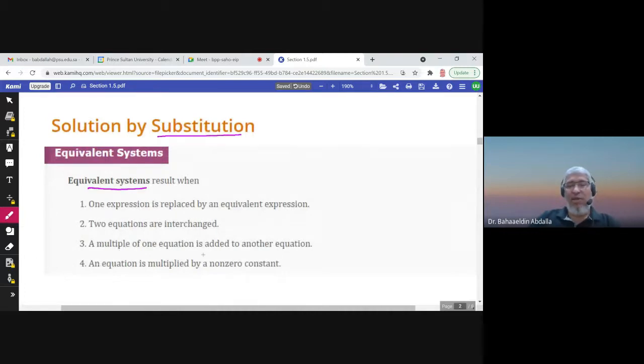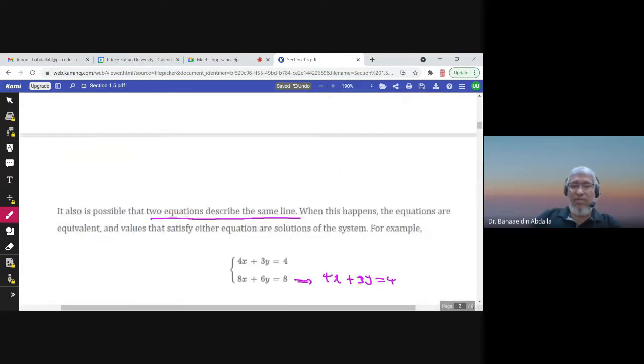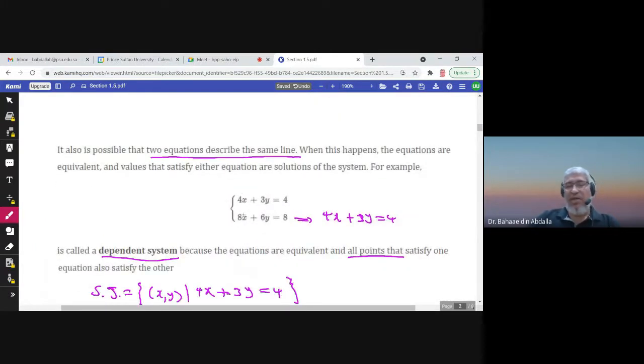A multiple of one equation is added to another equation. So for example, here, we can add a multiple of the first equation to the second equation. So we can add -2 times equation 1 plus equation 2. Okay, we can change equation 2 by this. So we leave equation 1 as it is, but we multiply -2 times 4, -8 plus 8, that's 0.